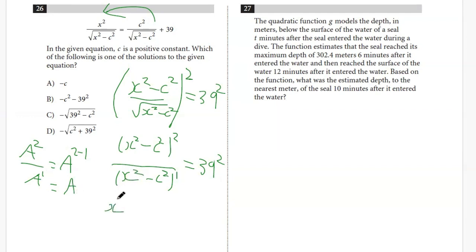So I could use this rule here. Now all I'm looking for is what x is equal to. So x is equal to plus or minus c squared, which is 39 squared. Since we're only looking for the minus solution here, D as in David is the correct answer for question 26.